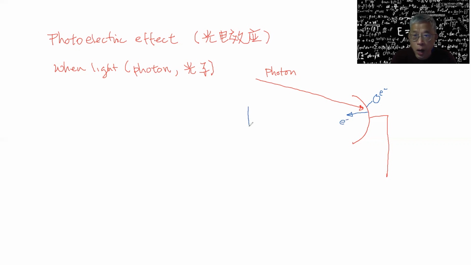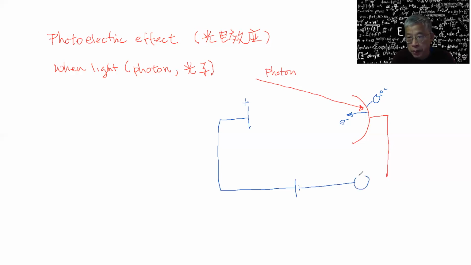Then they will arrive at the positive terminal here, and it will close the loop. Since the electron is going that way, the current is going this way, so this must be positive and that's negative.